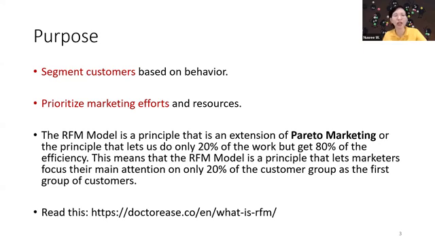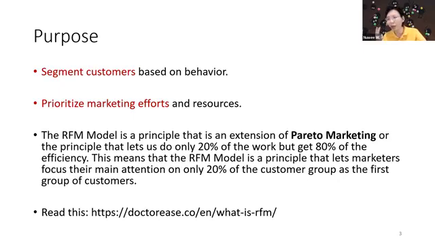You can think of this RFM model as an extension of another framework called Pareto marketing. What's Pareto marketing? Pareto marketing is a principle that tells you that you do only 20% of the targeted work, but you get 80% of your total efficiency.